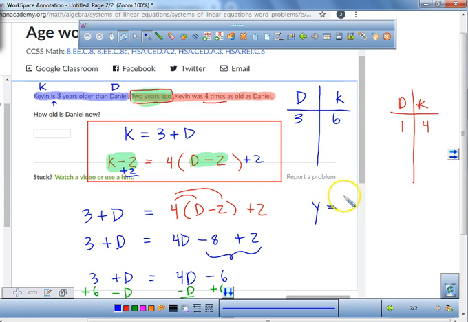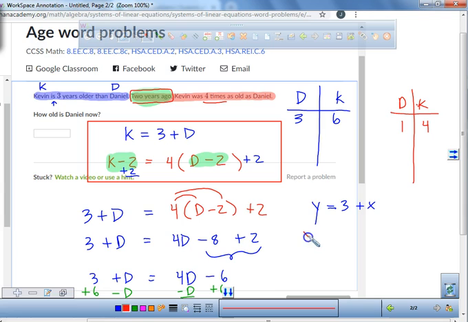Instead of 3 plus D, I'm going to write 3 plus X. Instead of K minus 2, I'm going to write Y minus 2. I'm still going to put a 4 in parentheses, but instead of D minus 2, I'm going to put X minus 2. This is how you write the equations in terms of Y and X. So write those down, please.